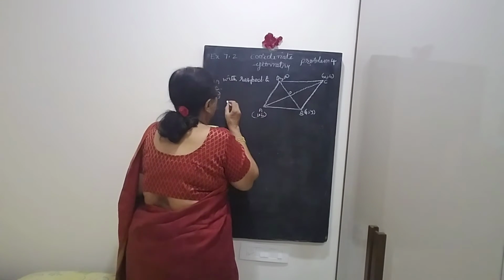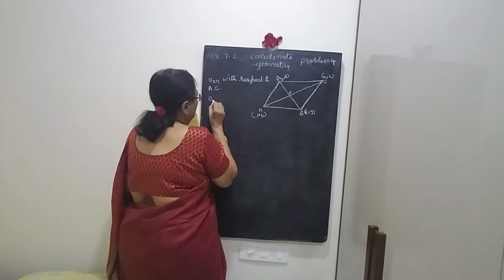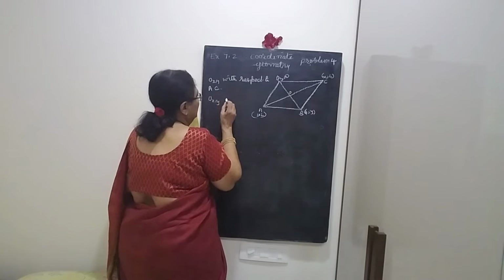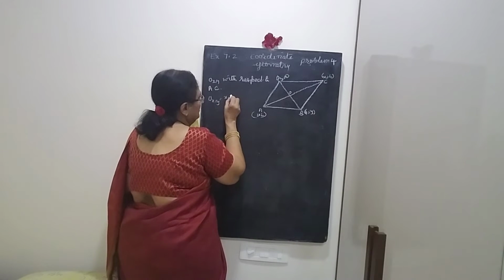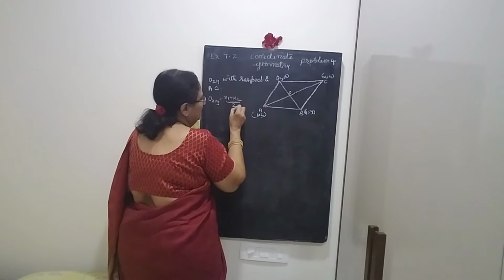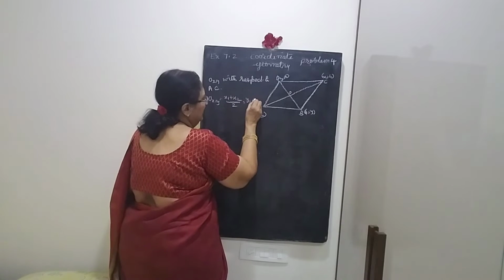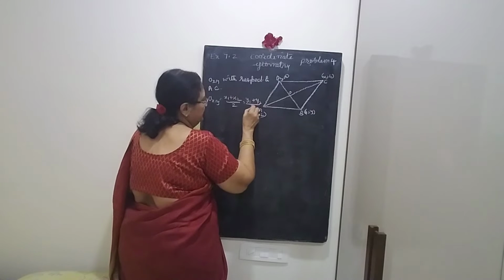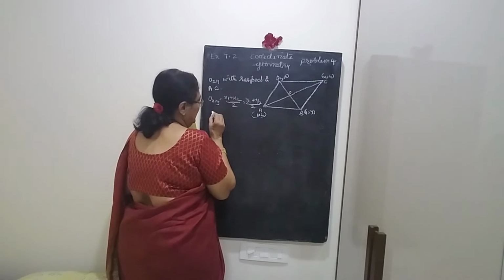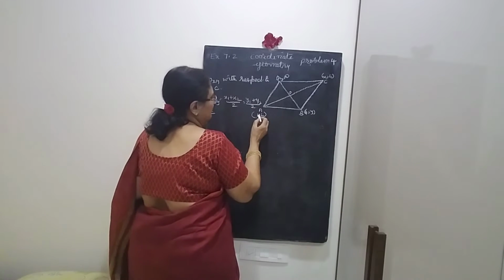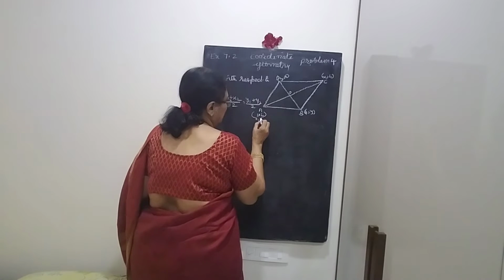So what is the formula? O(x, y) is ((x1 plus x2) by 2, (y1 plus y2) by 2).